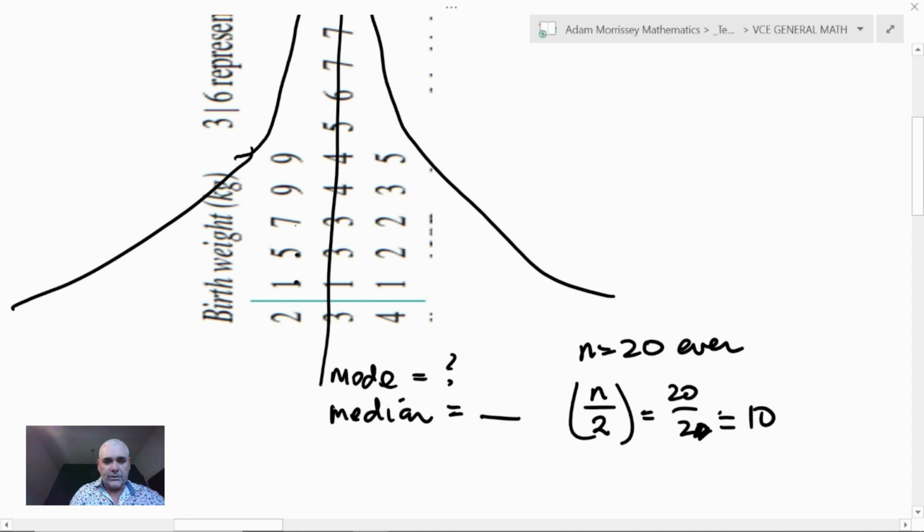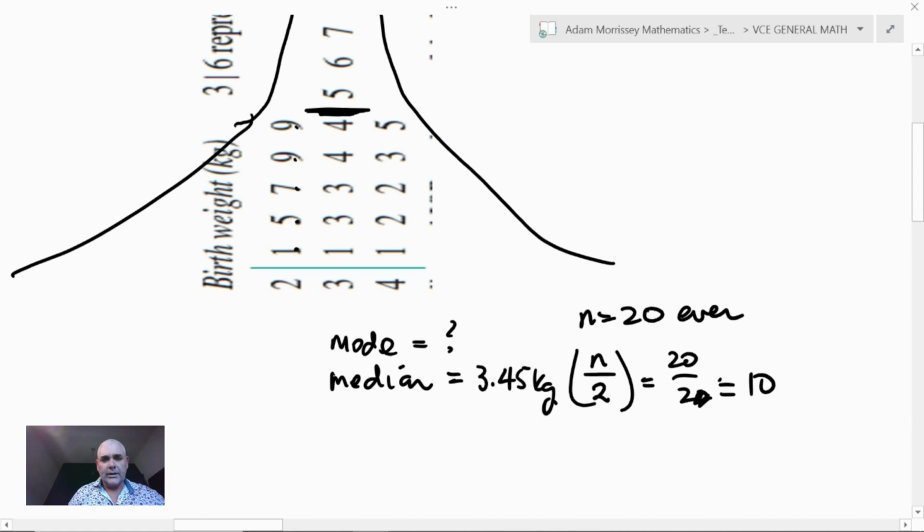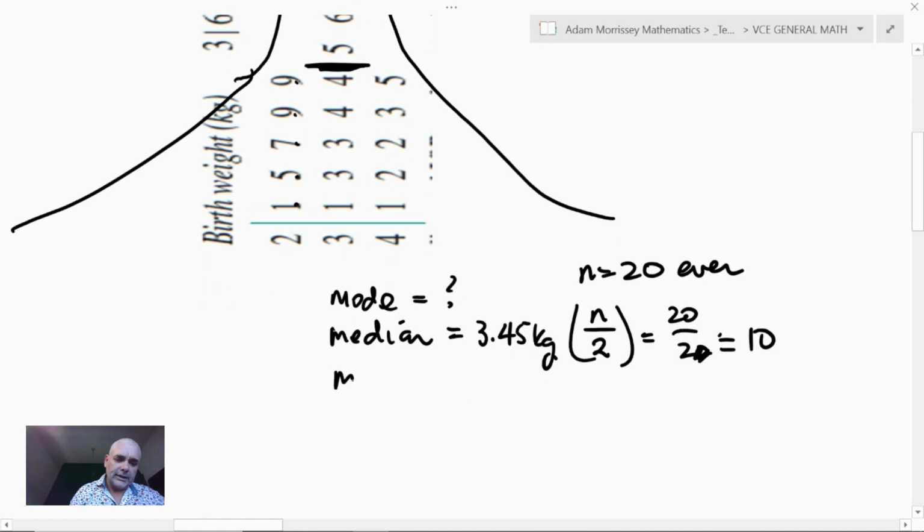So 1, 2, 3, 4, 5, and another 5 takes us up to here. The data are in order as well. So halfway between the average between those 2 points will be 3.45 kgs. Okay. Now, well, I also understand that the mean of the sample must be in here somewhere.